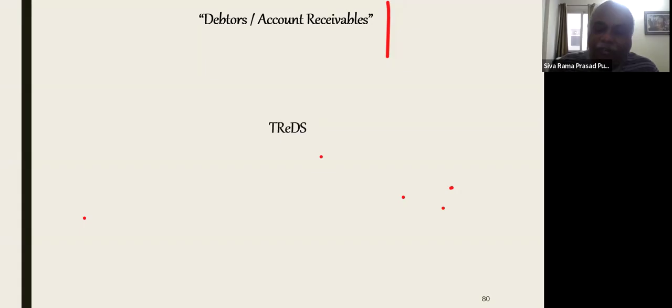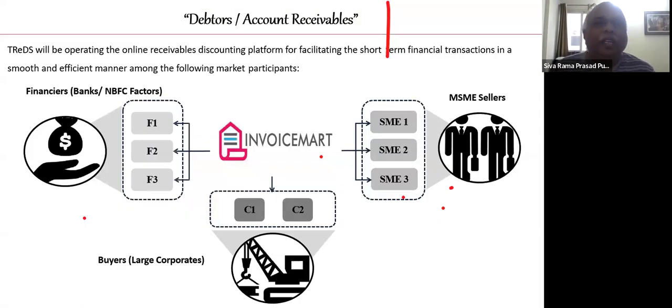So the TReDS. What is the TReDS? TReDS is an online receivables discount platform for facilitating short-term financial transactions in a smooth and efficient manner for the following participants. Suppose I am the company, I am the corporate debtor, and I have supplied nearly 50 crores worth of stocks to Amazon.